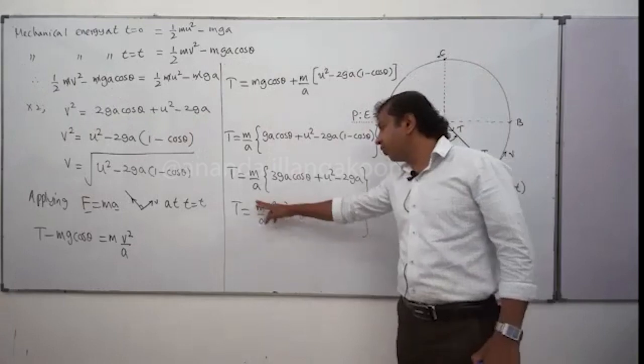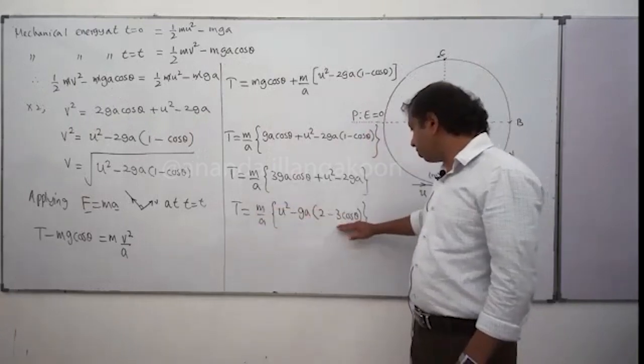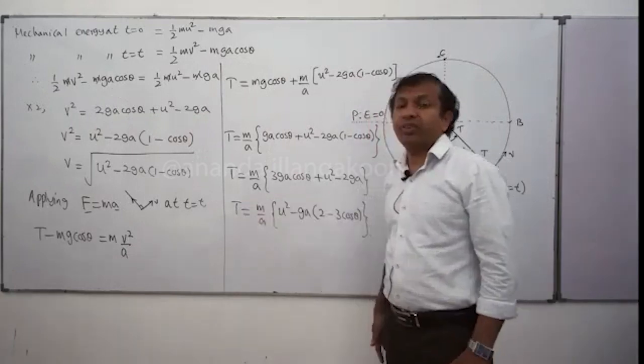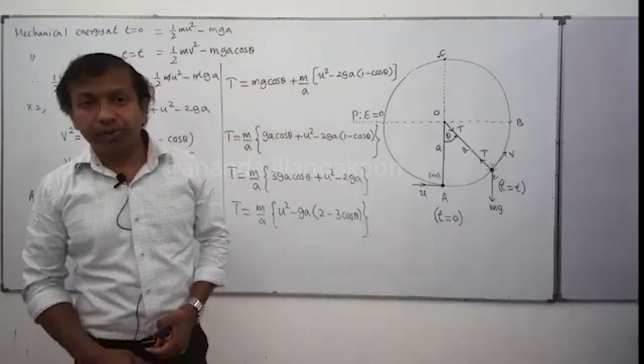And this tension T is also a function of theta. As theta varies, this term will vary, then within the bracket the expression will vary, then T will vary. That's why I told you as the particle moves, the tension T and the velocity v both vary.